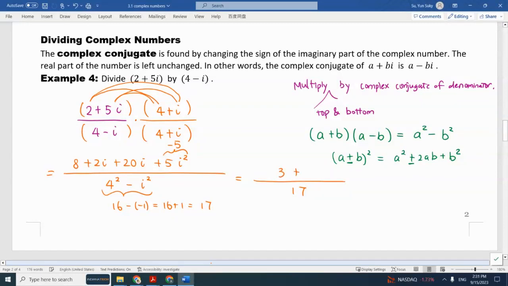How many i? 22i. And usually we like to separate the real part and the imaginary part. So you would put 3 over 17 plus 22 over 17 i. Yes, we always separate them, because you want to make sure what is the real part and what is the imaginary part.